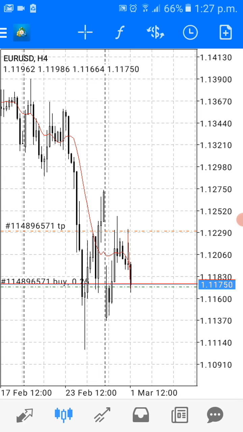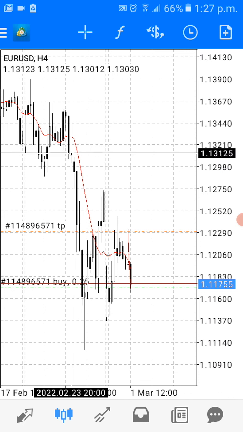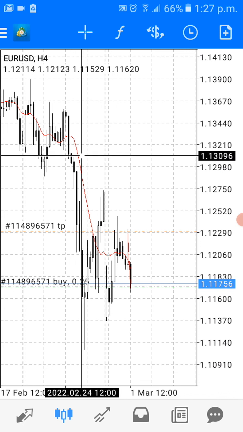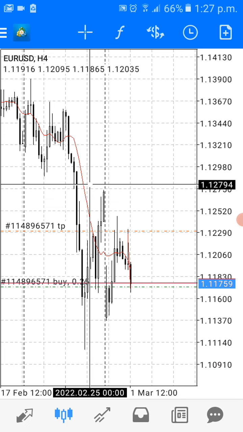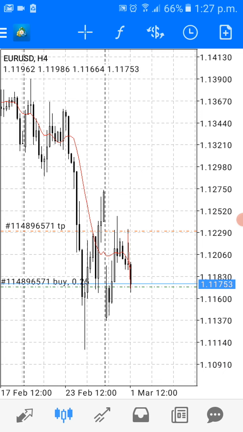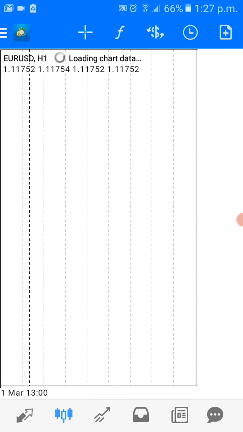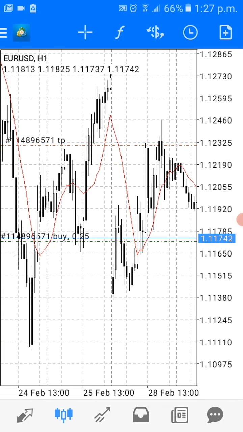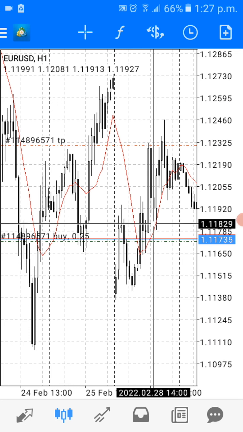So if the line is showing you that it's pointing down, or rather price is below this line, it's telling you that price is in a downtrend, right? And you should be seeking a sell opportunity. And if, for instance, it's moving from a downtrend to an uptrend, like what was happening here, price was above this line, right?